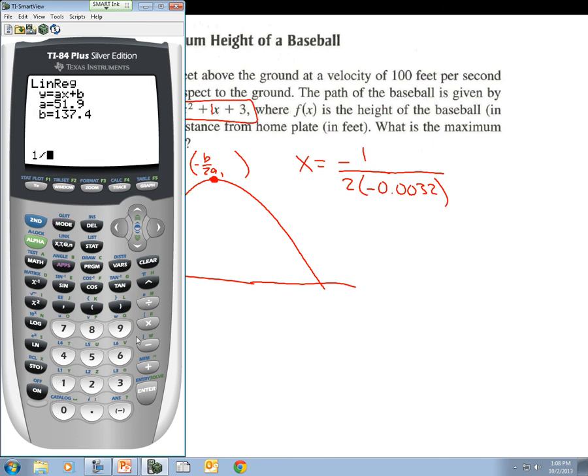One divided by 2 times 0.0032, 0.00116, and it's a negative divided by a negative, so that answer is going to be positive. So 0.0016.